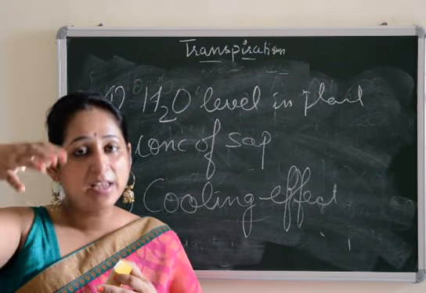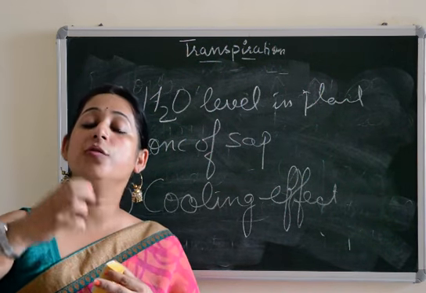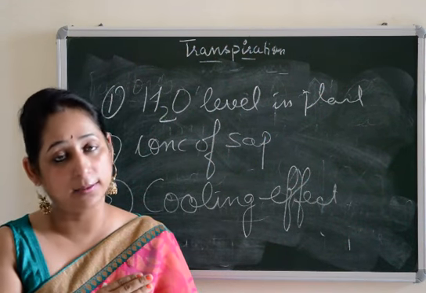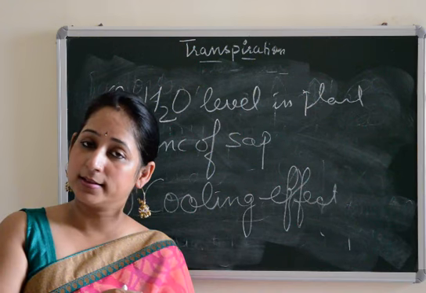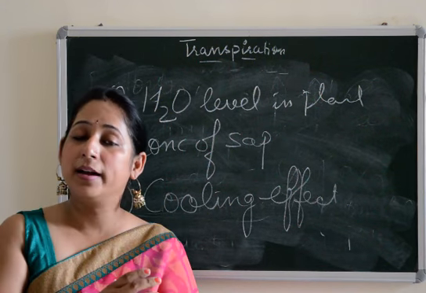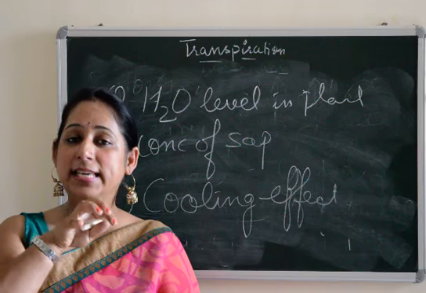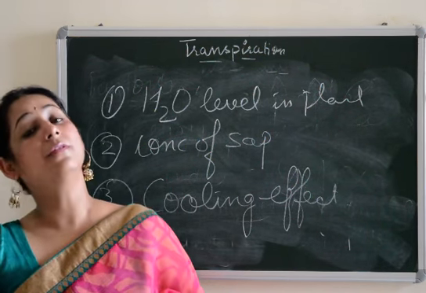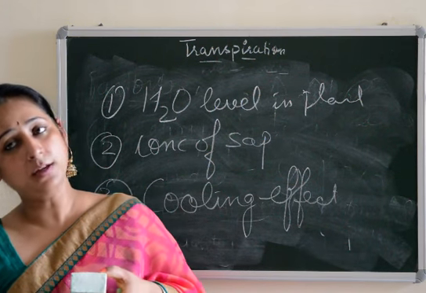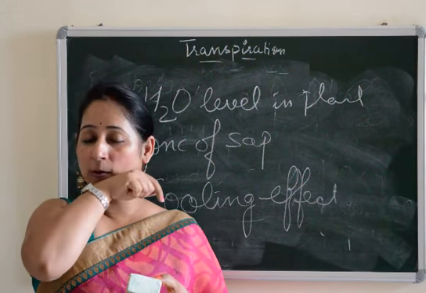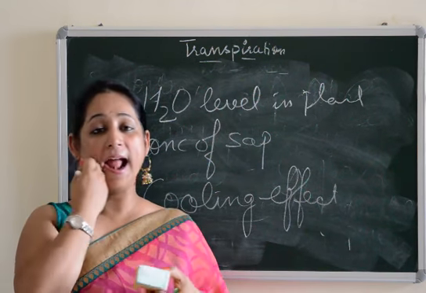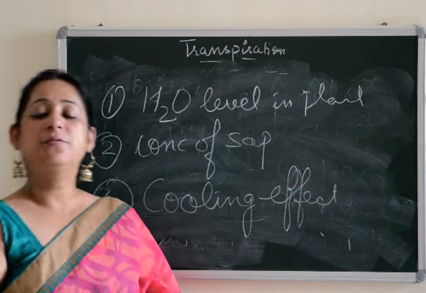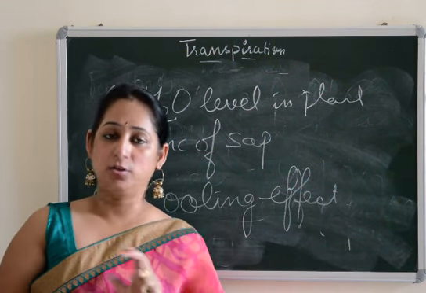So now the plant is giving up that heat. As the loss of heat is there, it leads to a cooling effect in the plant. Okay, so how cooling effect is there, I'll explain once again. Cooling effect is because the heat of the plant is given to convert the excess water of the plant into water vapors for transpiration. Hence that leads to the process of transpiration and it gives a cooling effect to the plant. This was all about the topic transpiration.